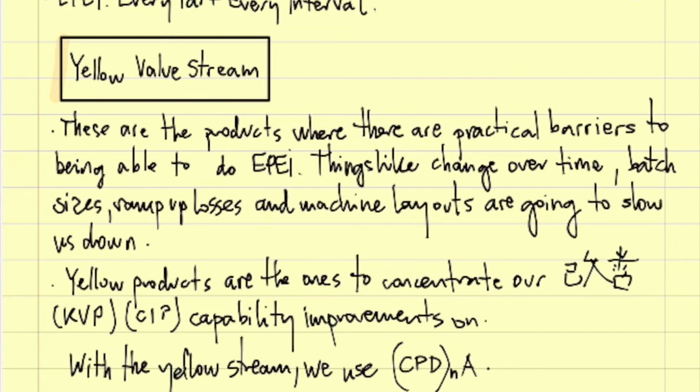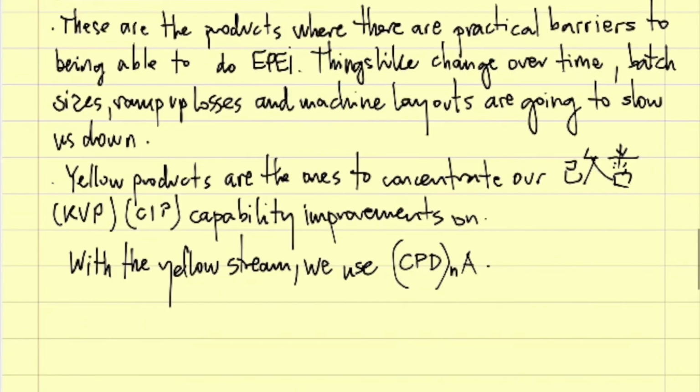So we've got also the blue stream. So any questions? So we have the yellow and the green, okay? So in the green, we want fixed sequence, fixed volume.